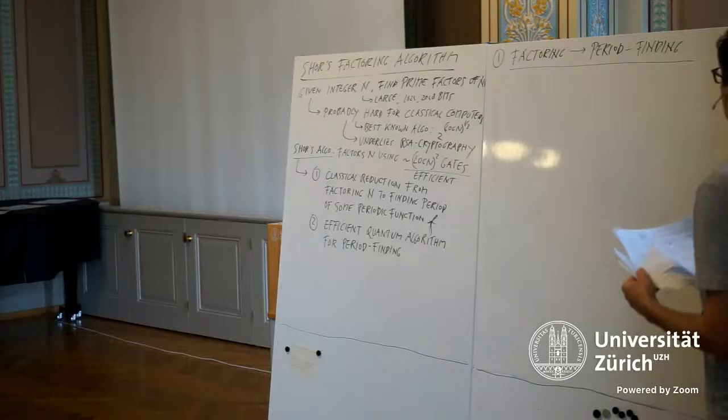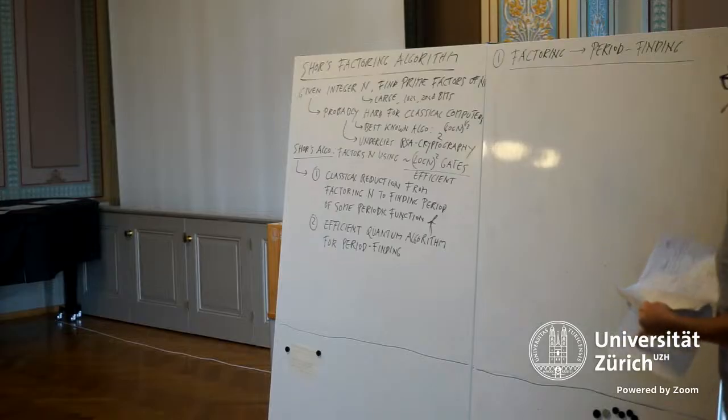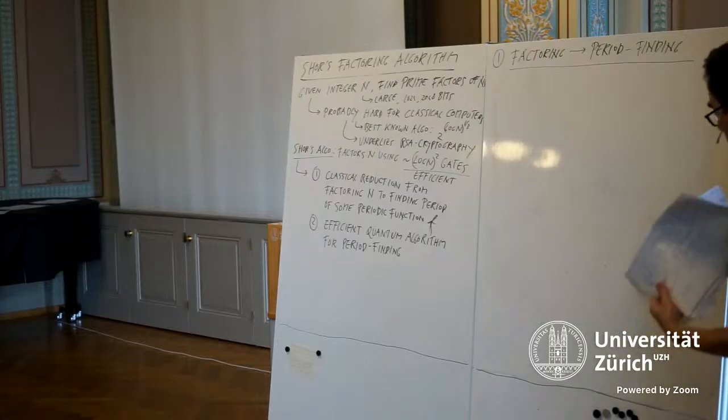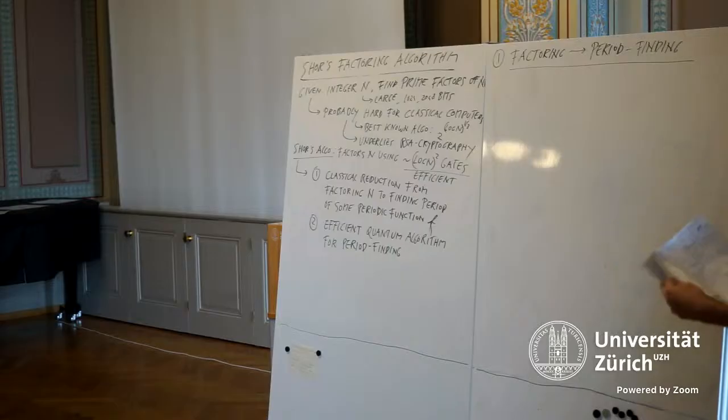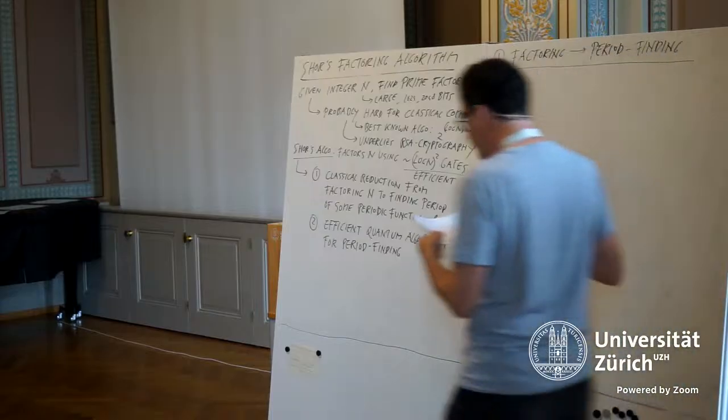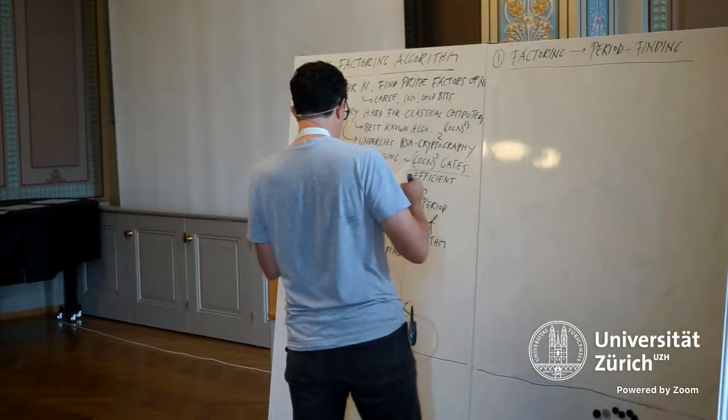So we need to define a function f, which I'll define. And I need to show that this function is periodic and that its period tells you something about the factors of the number capital N. Okay, so here goes.